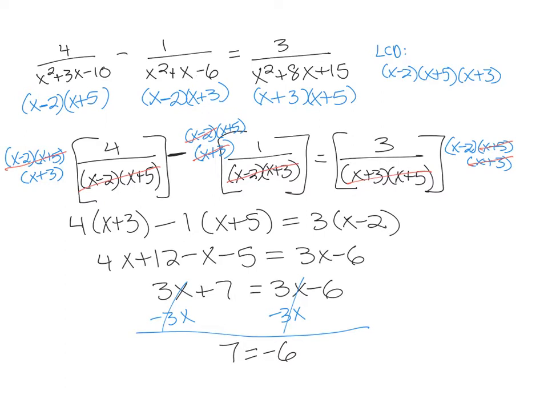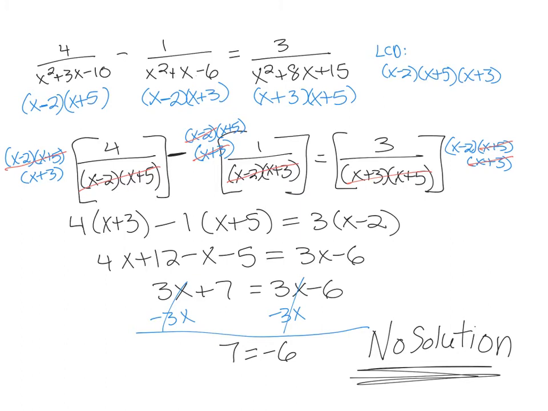Is there a value of x that will ever make 7 equal negative 6? If you get a situation where your x's cancel and you're left with something that's not true, your answer is no solution. What if you were left with 7 equals 7? That's always true. So your answer would be all real numbers.